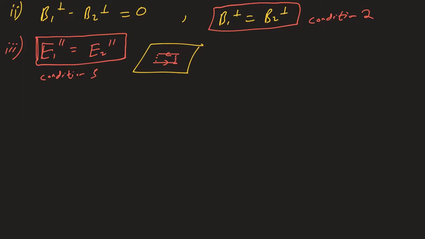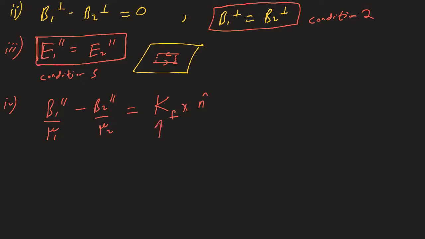And so our fourth boundary condition becomes B1 parallel over mu1 minus B2 parallel over mu2 is equal to K_f cross n hat.